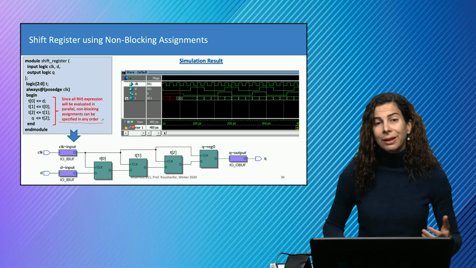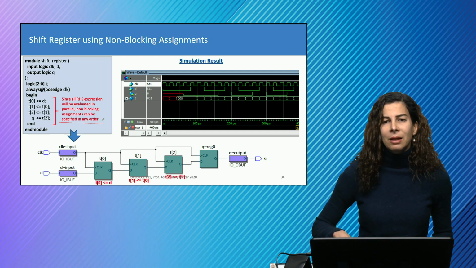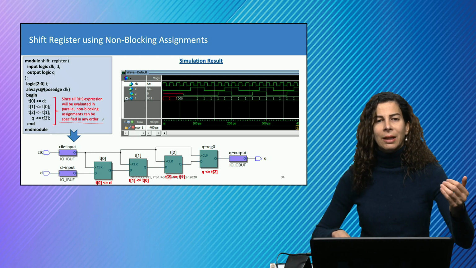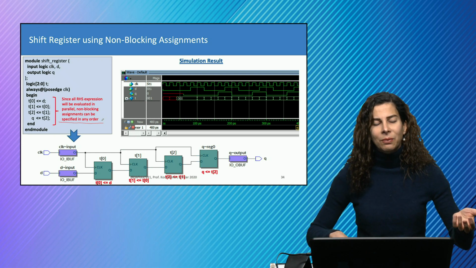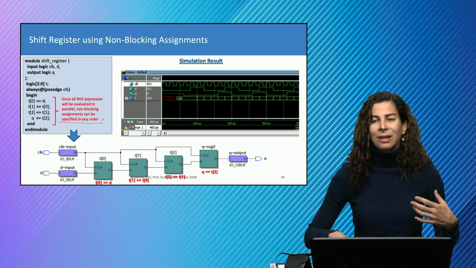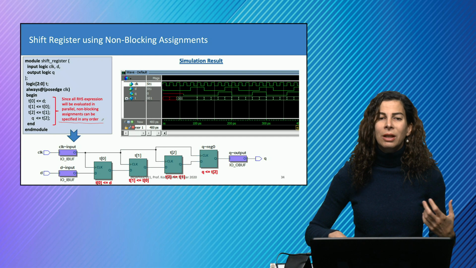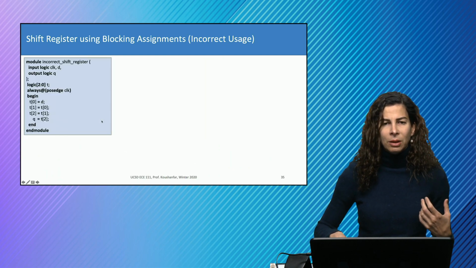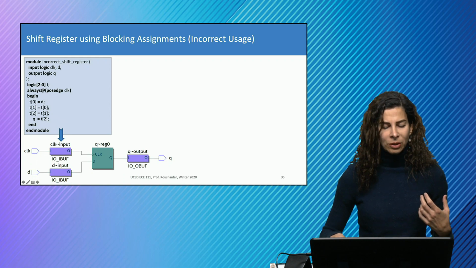But if we were doing this with blocking assignment, the first one would block the next one, and the next one. And then the synthesis actually gets confused in this case, and sometimes doesn't even realize that this has to be more than one register.